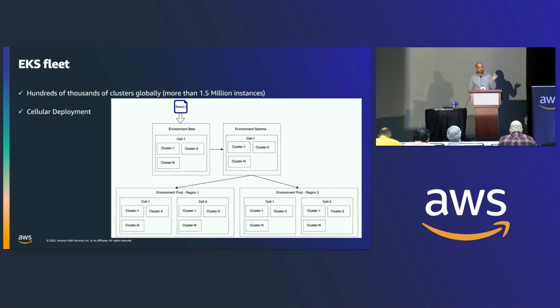At any point in time, if the signals don't look good, we stop there and roll everything back, which means the software gets deployed to one cell or 1,000, 2,000 clusters. Henceforth, the factor goes into 4,000, 6,000, 8,000, and so on.